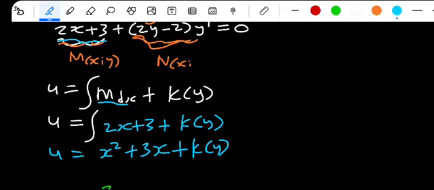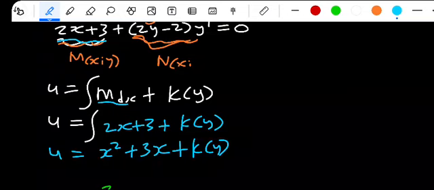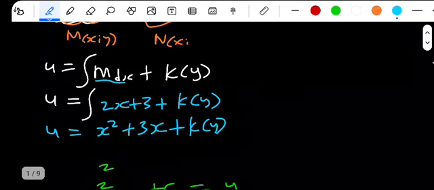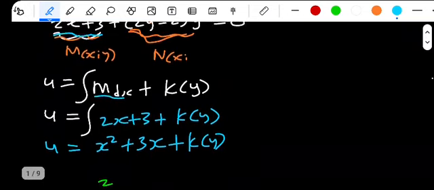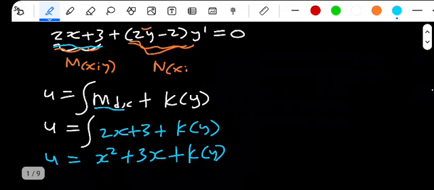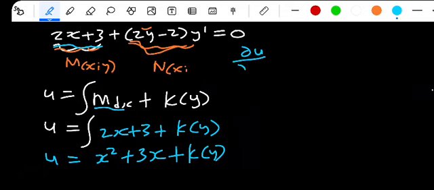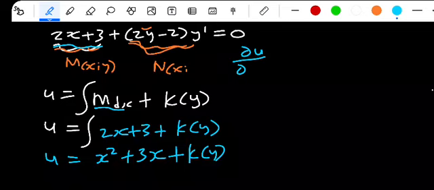Now let us take the partial derivative of u with respect to y.